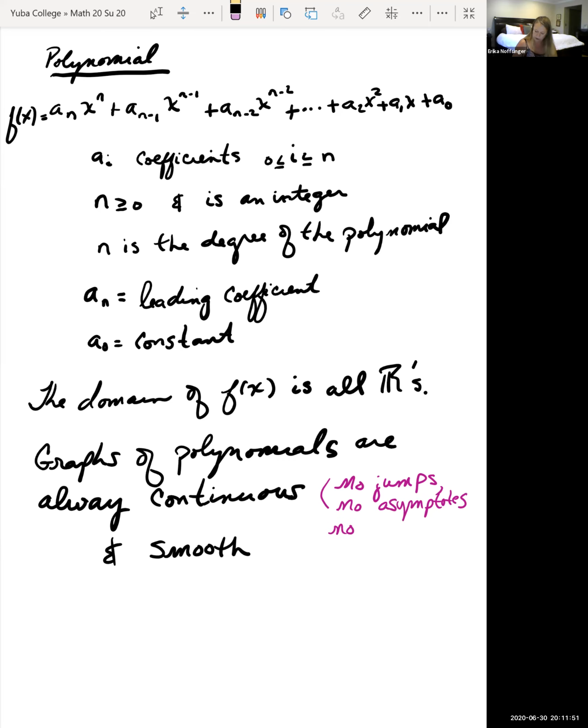And no open circles. And that smooth piece, no sharp corners.